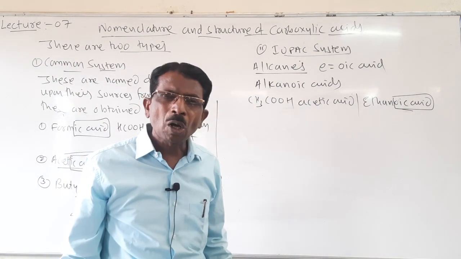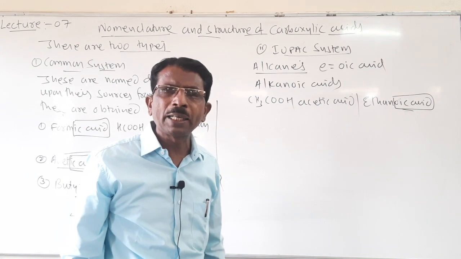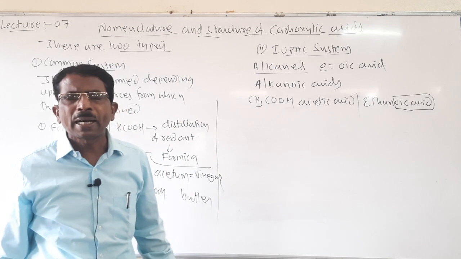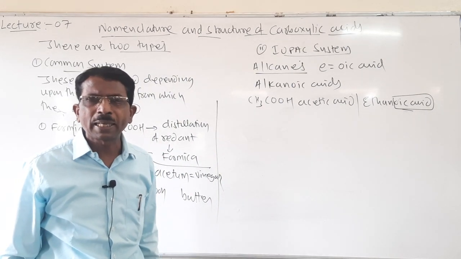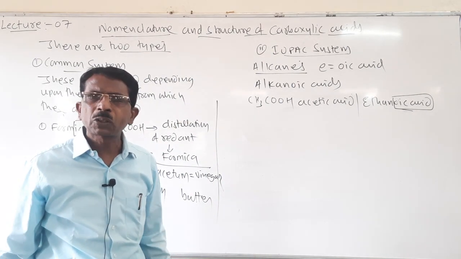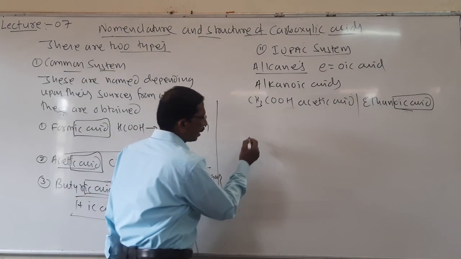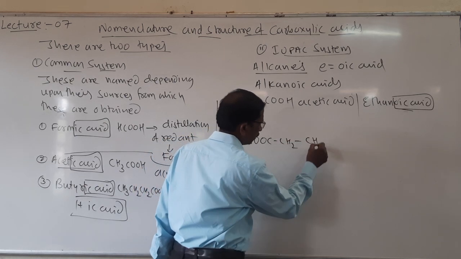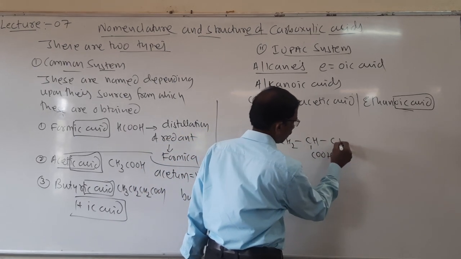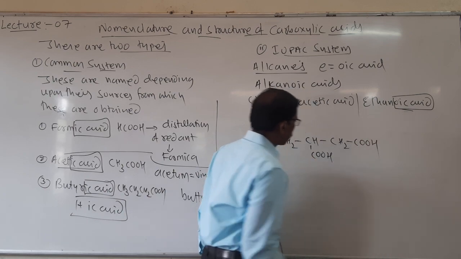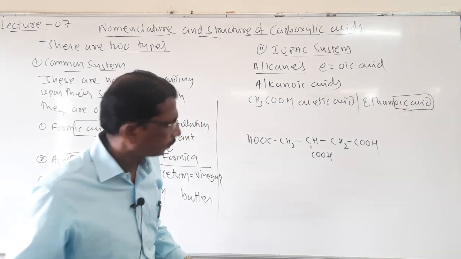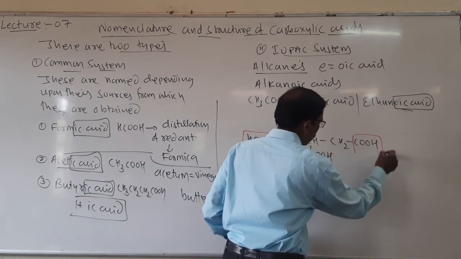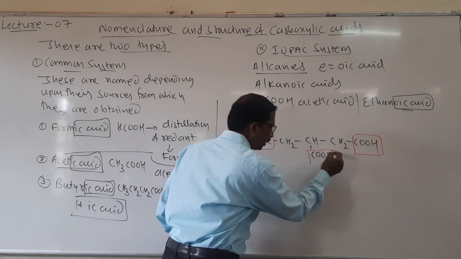And if the organic compound contains more than 2 carboxylic groups, then we have to add the prefix tricarboxylic acid, tetracarboxylic acid. I will show an example here. Look here students, it contains 1 carboxylic acid, 2 carboxylic acid, and 3 carboxylic acid.